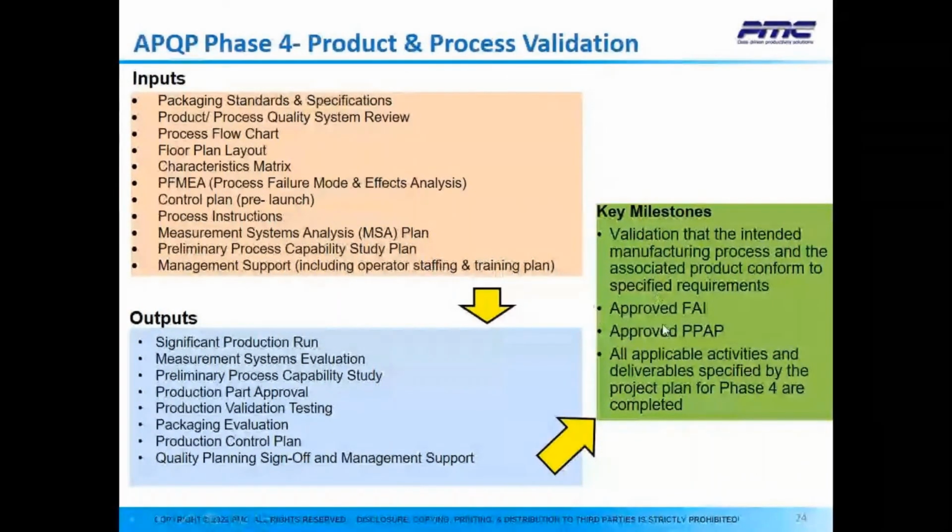The AS 9145 standard requires them to complete this report. But at the end of the day, in the automotive world, what we're looking for is an approved PPAP. And again, all applicable activities and deliverables specified by the project plan for phase 4 are completed.